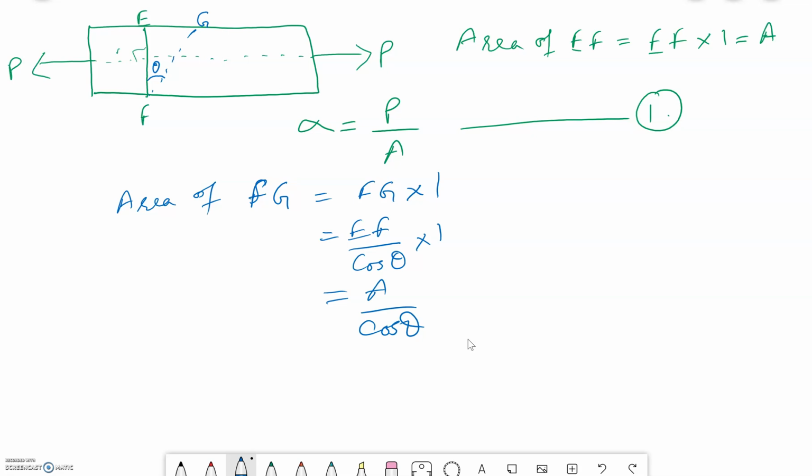Now if you look at the stress on section FG, stress, which is sigma at G, will be again force per area, but in this case area of section FG. Area of section FG will be A by cos theta.